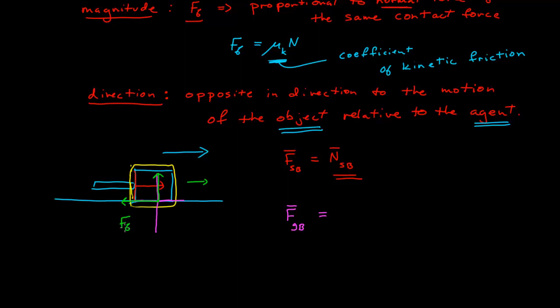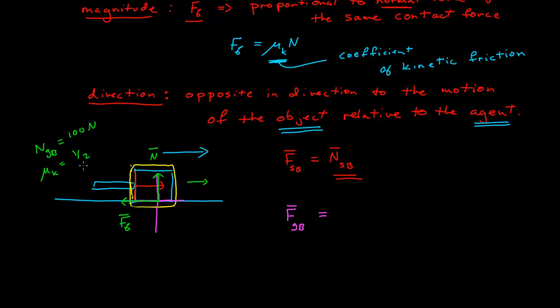So this is going to be the frictional force, and that's going to be the direction of the normal force. For example, let's say that we knew the magnitude of the normal force of the ground on the block was 100 newtons. And let's say that we knew the coefficient of kinetic friction between this type of block and the ground was equal to 1/2.